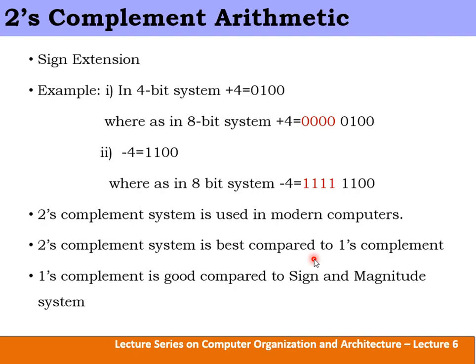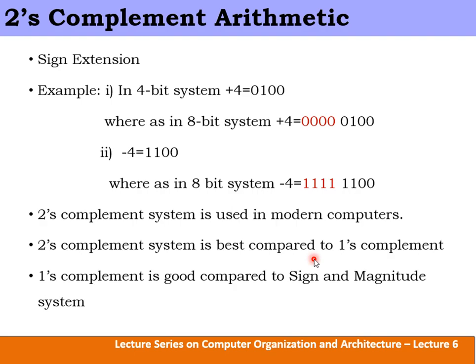If I want to compare 1's complement with the other system, that is sign and magnitude, 1's complement is good compared to sign and magnitude, because in the sign and magnitude system, we completely dedicate 1 bit, that is the MSB bit, for indication of sign. So this is going to reduce the size of the number.